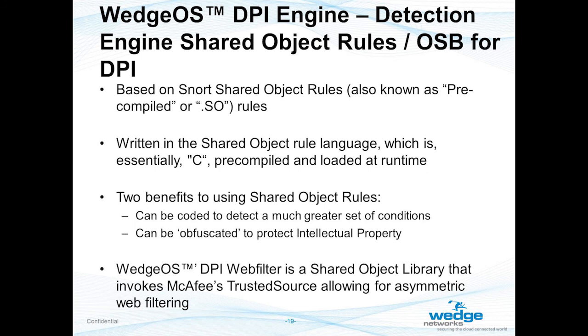The benefit of this is that you can have a much larger set of conditions, but also if you are a provider of a certain intelligence and you don't want people to know what you've been doing, you can obfuscate the code to protect your intellectual property. Our WedgeOS deep packet inspection engine comes pre-built with a plugin that allows for integration. It integrates with McAfee's TrustedSource, such that you can scan asymmetrically for web traffic.